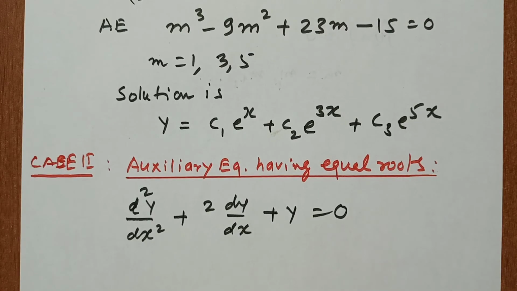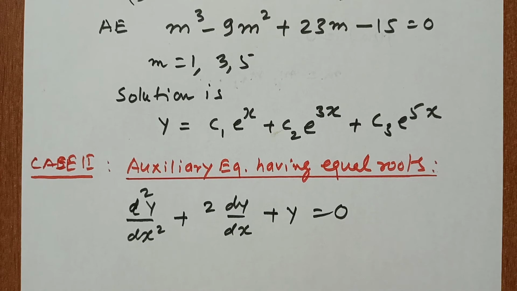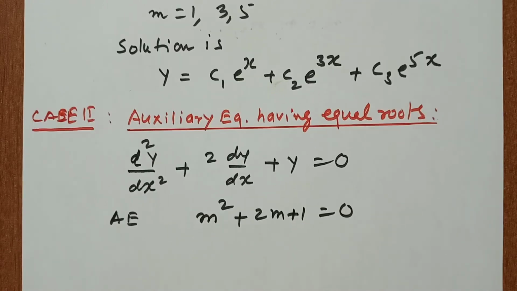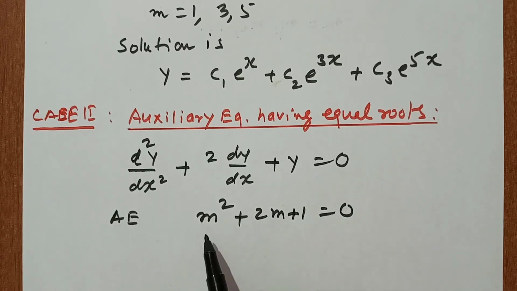Second, the auxiliary equation having equal roots. Suppose this is a differential equation. First we write the auxiliary equation. Here the auxiliary equation is m square plus 2m plus 1 equal to 0. This is very easy to solve. (m plus 1) whole square, so m is equal to minus 1, minus 1.